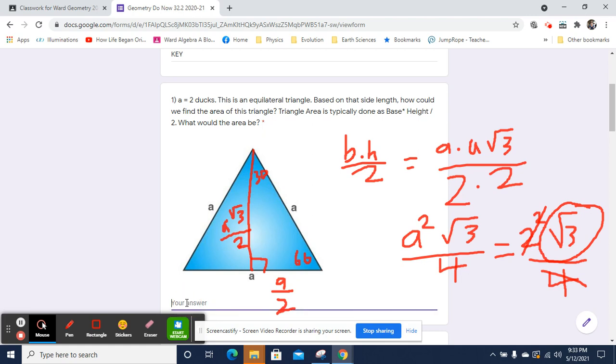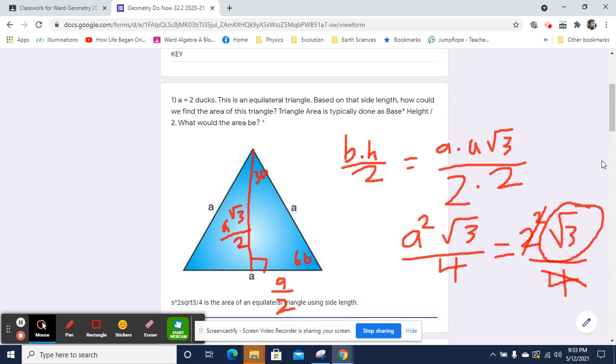Okay, so there is a formula. It's going to be side squared, square root of 3, all over 4 is the area of an equilateral triangle using side length.